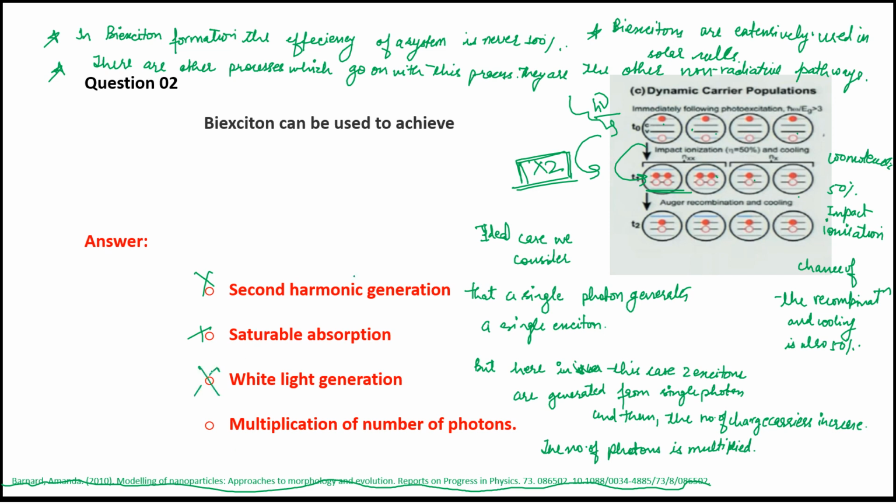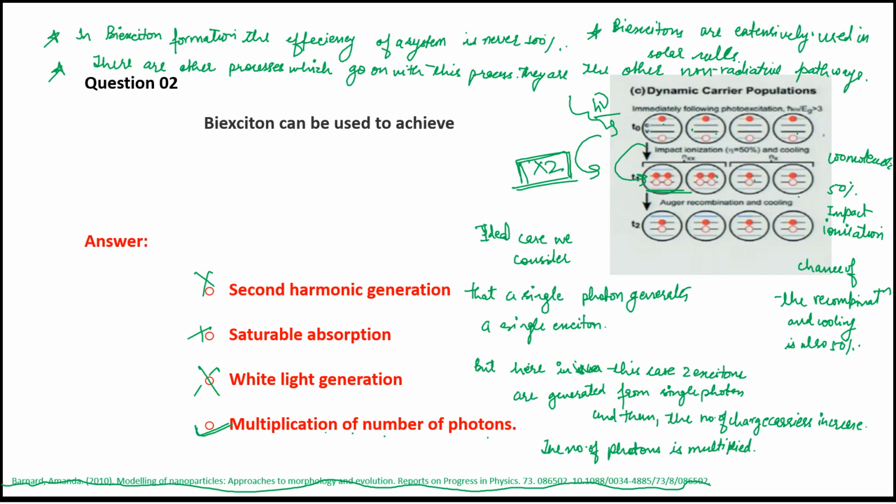So these three options are not at all correct because they never go along with the biexciton generation process. Although in the last option, the option that is given is multiplication of the number of photons. So yes, from a single photon, the number that is generated is quite high. So thus, the multiplication of the number of photons happens.